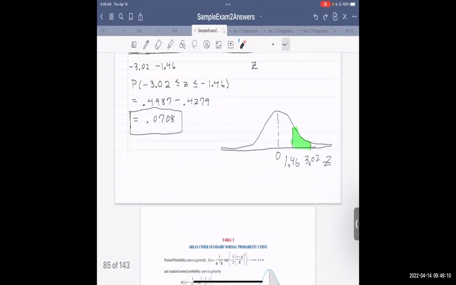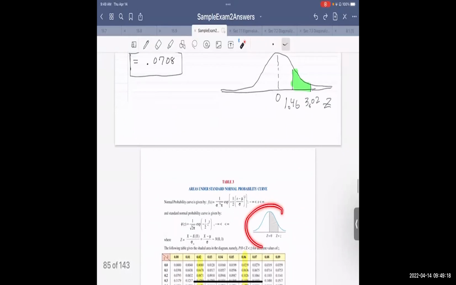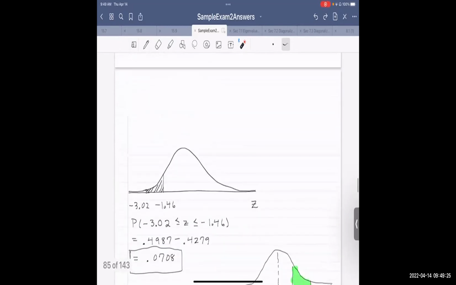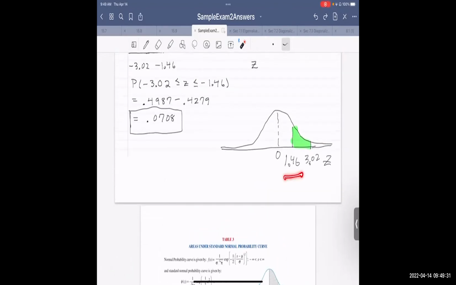And so let's look at this. Well, I want to find this area, but I can't actually find that on this table because this table here only involves positive numbers. So by symmetry, I can look at the area between positive 1.46 and positive 3.02.